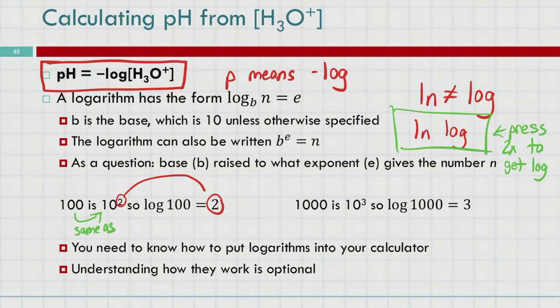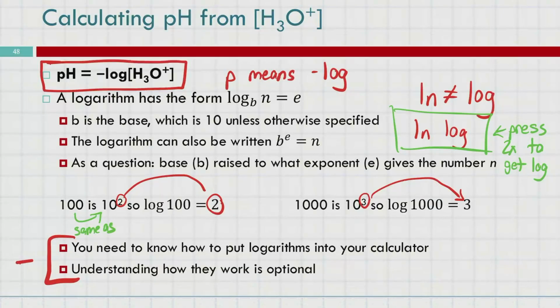If you do 1,000, 1,000 is 10 raised to the third power, or 10 cubed. So if you put in log 1,000, it gives you this exponent out. The reason that I used nice round numbers with 10 is because otherwise they get really weird and hairy. So we're doing the simplest possible version.